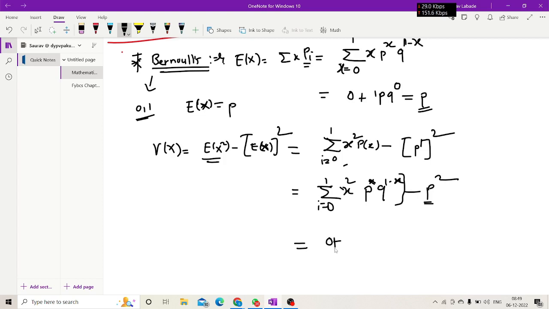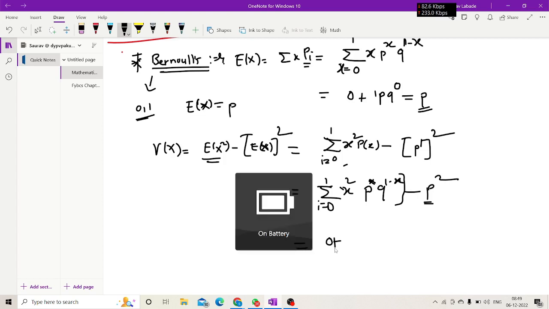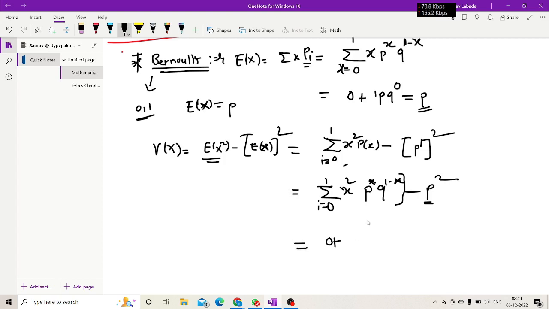If we substitute 0, that is 0. Next, substituting 1 here: 1 into p as it is and q raised to 0, that will be p. So what I am getting is p minus p square.